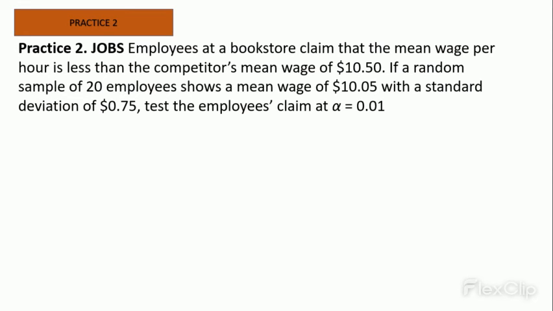Practice number 2. Employees at a bookstore claim that the mean wage per hour is less than the competitor's mean wage of 10.50. If a random sample of 20 employees shows a mean wage of 10.05 with a standard deviation of 0.75, test the employees' claim at alpha equal 0.01.